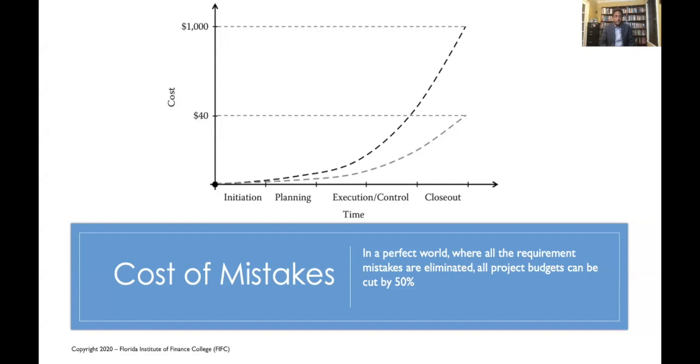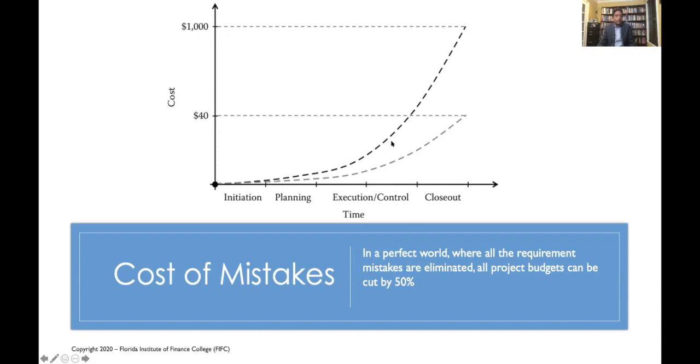So what you see here is the cost against time chart, where during initiation the cost is small, and then during planning it goes a little bit higher. And by the time it goes to execution and closing, the cost goes up. So that means if we don't identify our mistakes at the beginning, the cost of fixing or cost of correction is going to be huge.